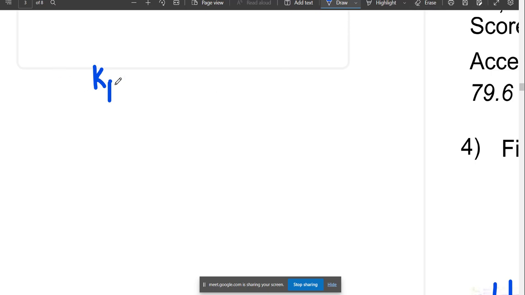Right. So we will write this K1 in terms of dB. It will be 20 log K1.